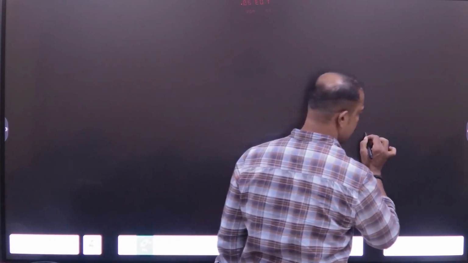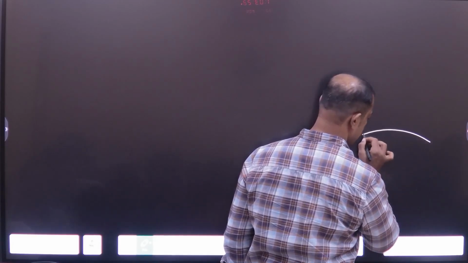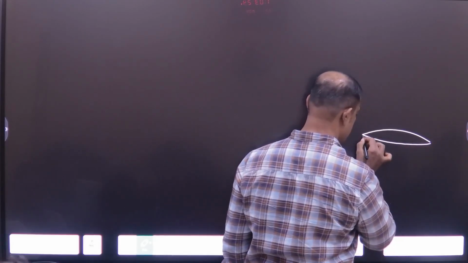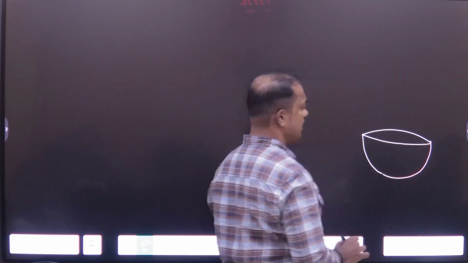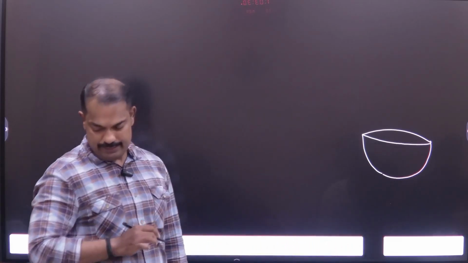A vessel is in the form of a hollow hemisphere, hollow, so this open होगा, ठीक है, solid नहीं है. First draw the figure. Hollow hemisphere.